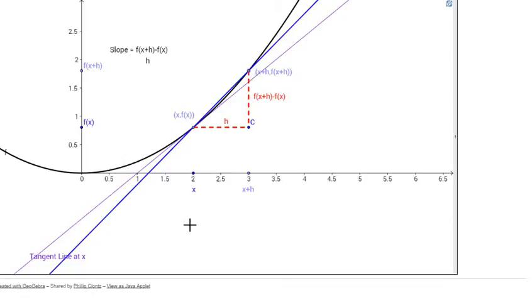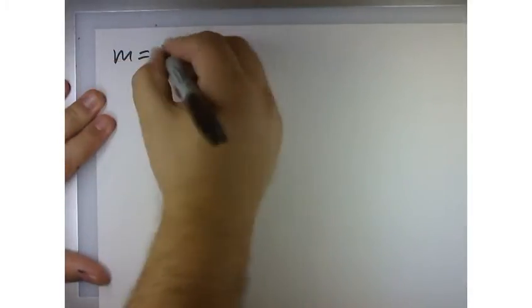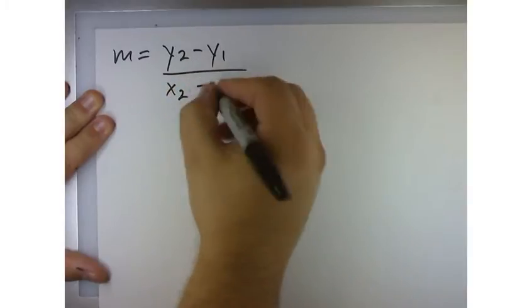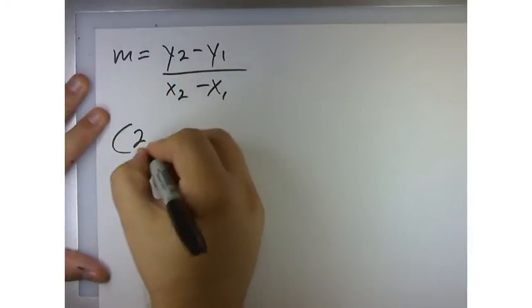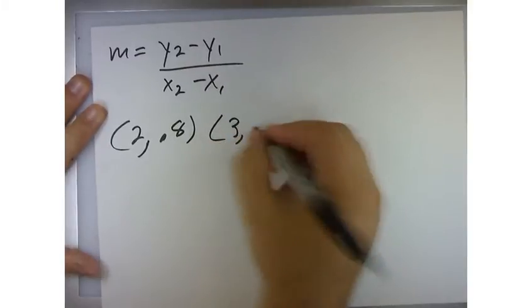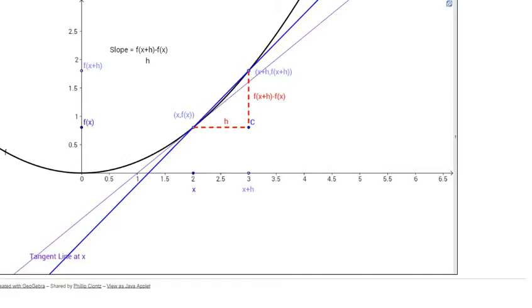I could arbitrarily choose that value. It looks like 3.27. And so in other words, if I were to do this again, I could calculate the slope of that and approximate it. I could say that the slope is equal to y sub 2 minus y sub 1 all over x sub 2 minus x sub 1, and I could choose the point (2, 0.8) and the point (3, what did that look like to you guys? 1.75 maybe?)